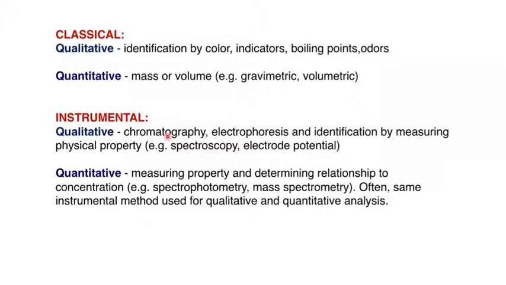The column is kind of like a tube which is filled with something, which could be silica, which the analyte that we put in there interacts with, and it either slows it down or speeds it up based on its interactions. And that basically creates a separation, and so we can accurately determine which species is present.